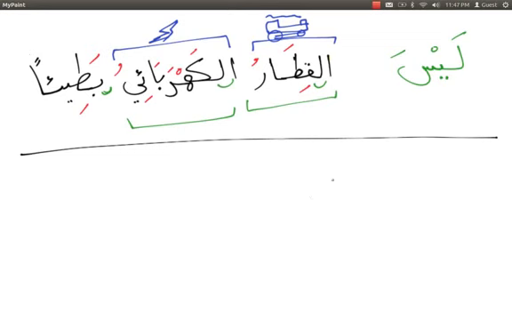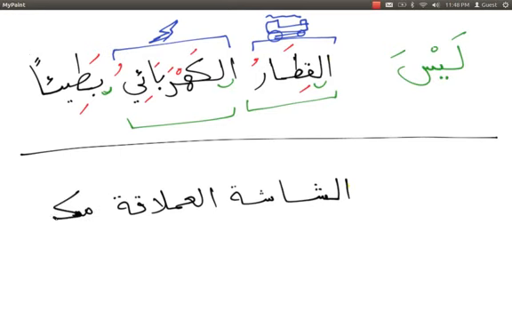So the sentence is الشاشة العملاقة مكسورة.